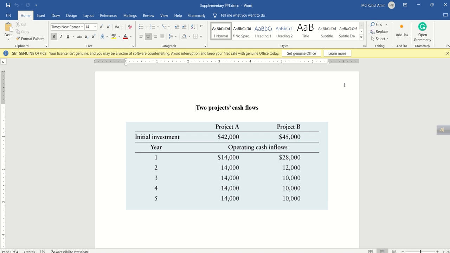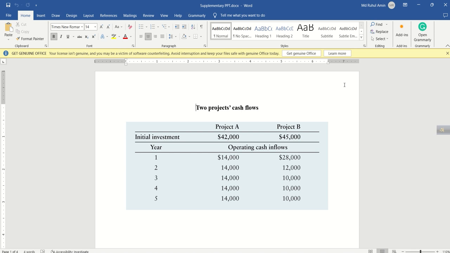So, say project A and B, our initial investment for project A was $42,000. Project B initial investment was $45,000, and we expected that project A will give us $14,000 for the next 5 years, and project B will give us some random cash flow over the next 5 years.